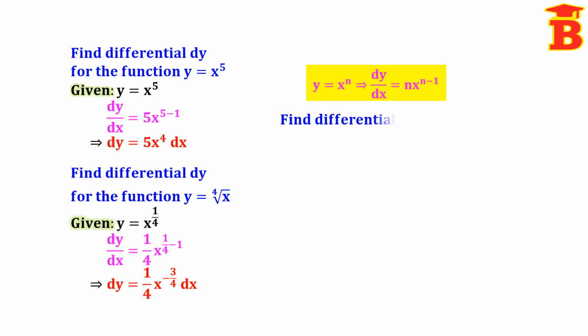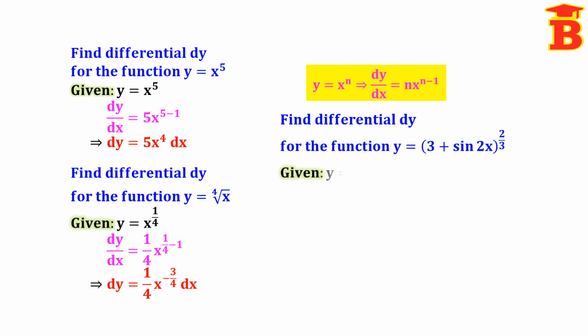Similarly, next problem, find differential dy for the function y equal to (3 plus sine 2x) whole power 2 by 3. Here also we can apply the same formula x power n. Here x means this full bracket, that is 3 plus sine 2x, whole power n value is 2 by 3.